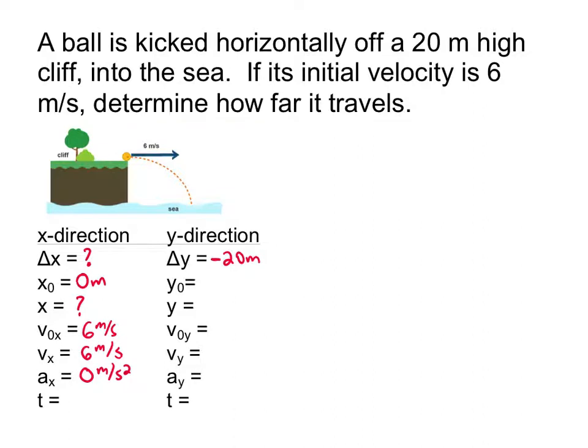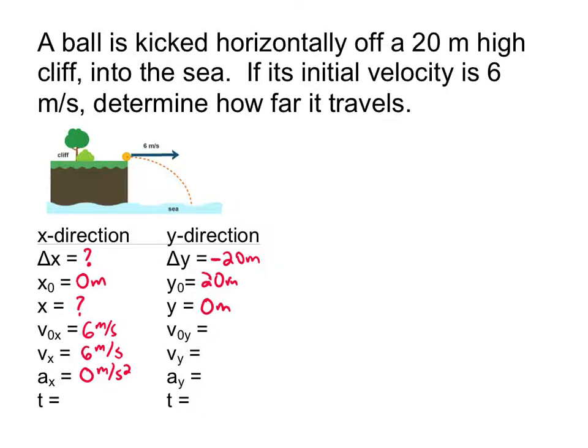Now, if you're in honors, what you can do is just say the cliff is 20 meters high, so it starts off at a height of 20 meters, and then we have a final height of 0 because it falls into the sea. And you'll notice that y final minus y initial will give you that negative 20 that I wrote down before.